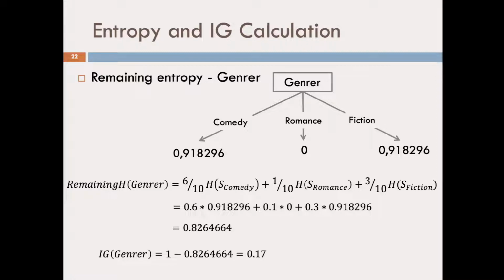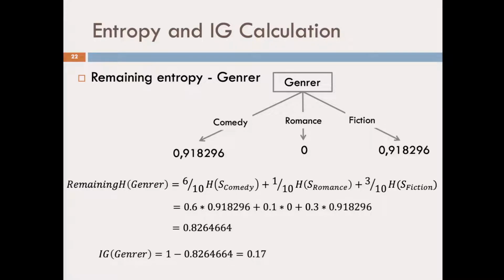So we have a remaining entropy for genre equal to 0.8264664. The information gain is given by the entropy of the whole data set minus the remaining entropy for the feature genre. So the resulting information gain is 0.17.